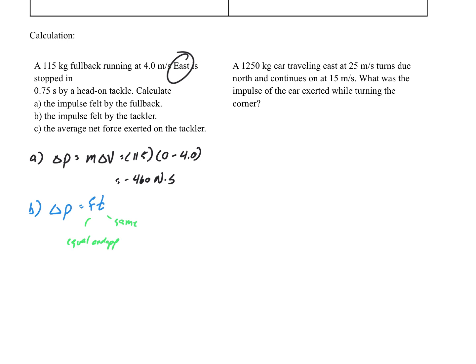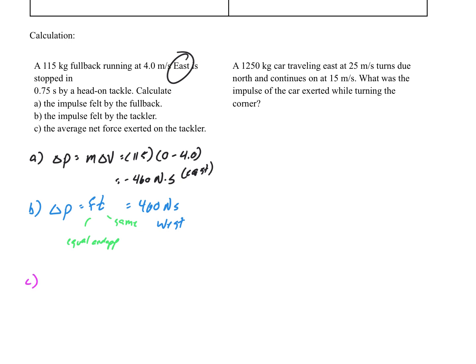So what happens here is we can say this is just 460 newton seconds to the west, or the other way, because the previous question was pointing to the east. So sometimes Newton's laws can help us work around some questions that might be a little tough, right?